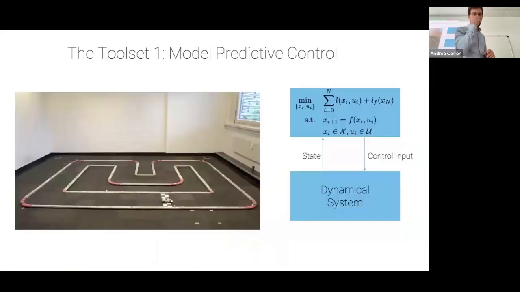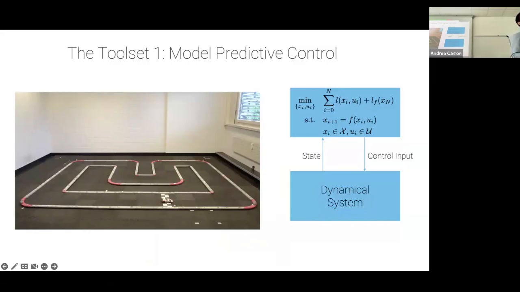Now, before trying to answer some of these questions, let me bring a couple of tool sets that are needed. One is, as the title of the talk suggests, model predictive control. For those who are not familiar with it, the idea of MPC is that we use an optimization problem to find the control law.